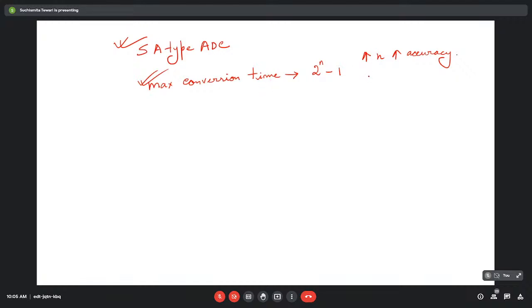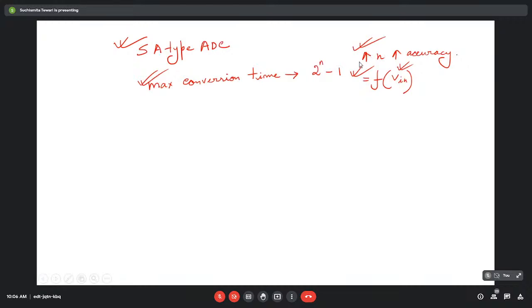Also, another problem is that the conversion time is variable and is a function of input voltage. Whatever be the value of the input voltage, depending on that, the number of clock pulses or the time of conversion will be needed. So here we want to mitigate these two problems.